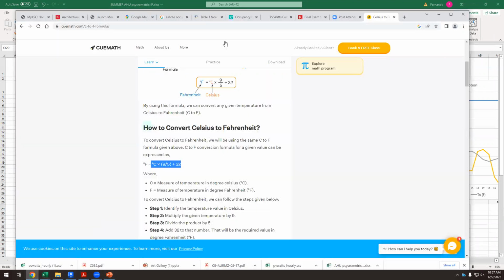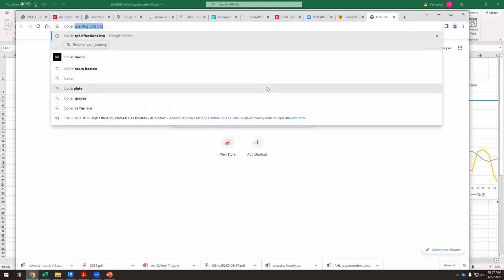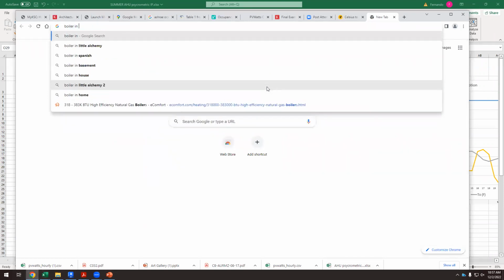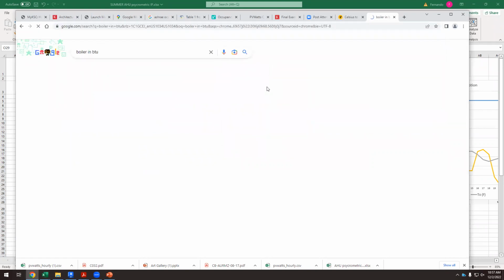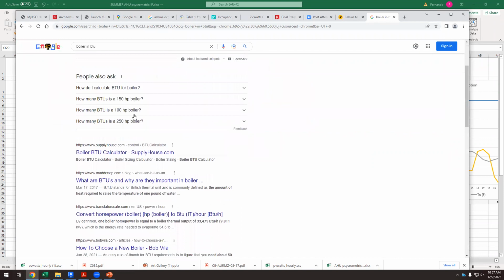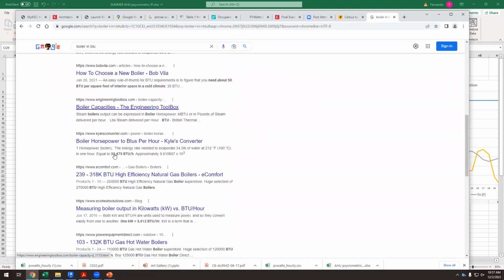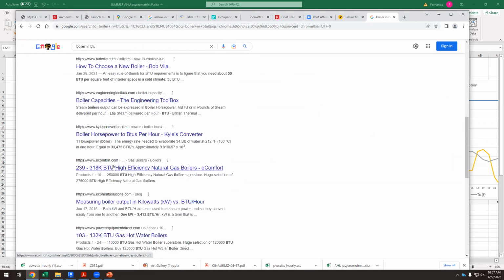So if I'm going to buy or recommend a boiler, now I have this value as a reference, and then I can go here to see boiler capacities I need. Here we have information about natural gas boilers, and they range from 239 to 318.